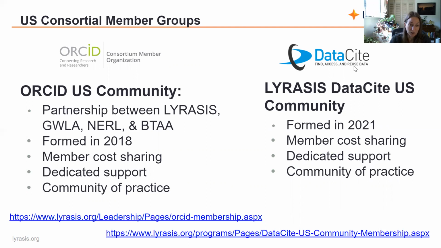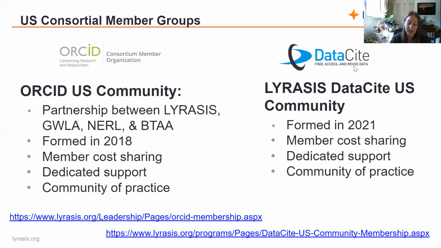So basically, the ORCID US community was formed a couple of years ago in 2018 as a partnership between Lyrasis, the Greater Western Library Alliance, the Northeast Research Libraries, and the Big Ten Academic Alliance. But of course, you don't have to be a member of any of those groups to join. And some of the benefits just include cost sharing, dedicated support, and being part of a community of practice around ORCID. And we have just over 140 member organizations right now.